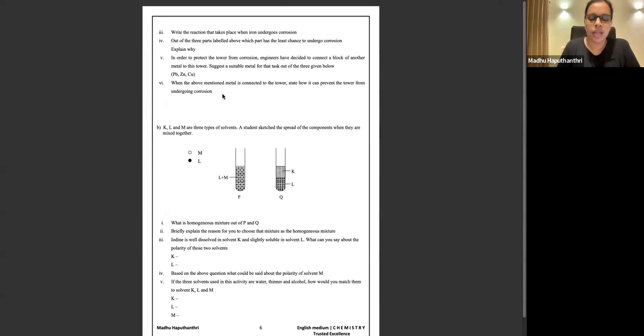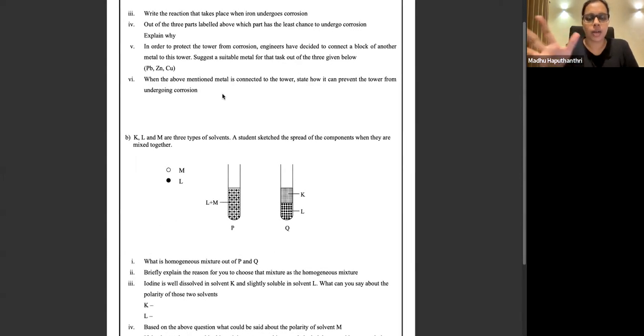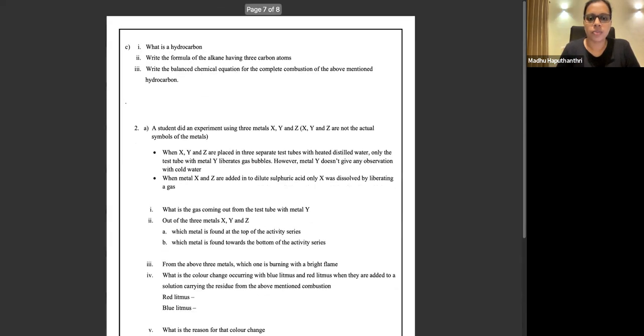So here I said the metal you are connecting is undergoing oxidation, thereby our iron is acting as a cathode. On the iron surface, the cathode reaction is happening. So therefore, that is cathodic protection. All right. Cathodic protection, if you want the name, if not sacrificial protection. And the thing that is happening inside is the metal block you are connecting is undergoing oxidation in place of iron. Is that doubt clear now?